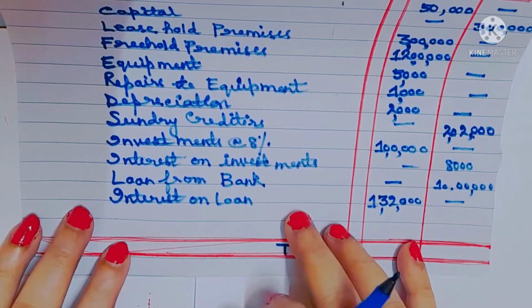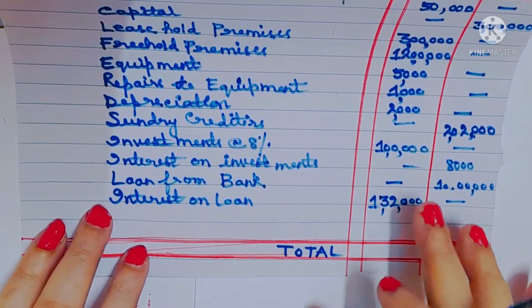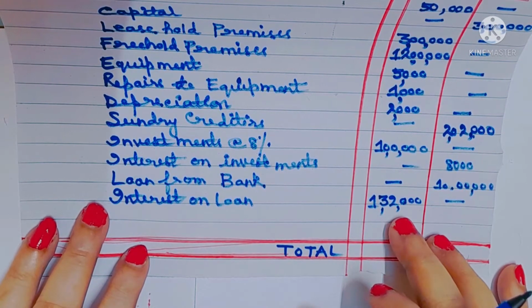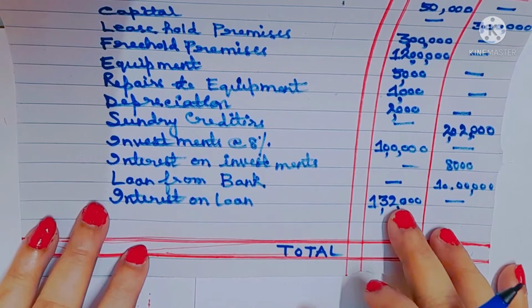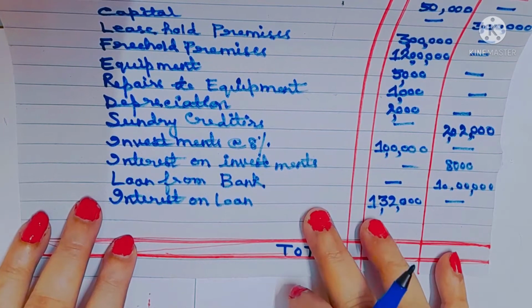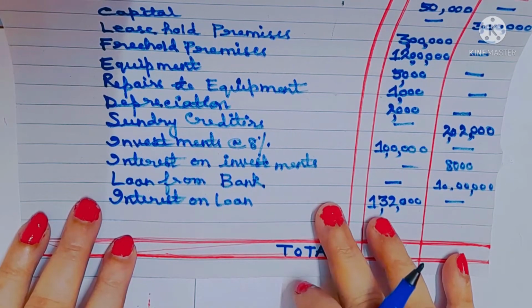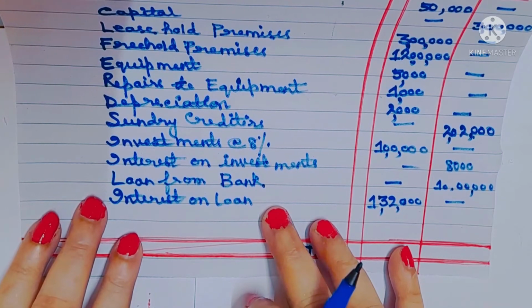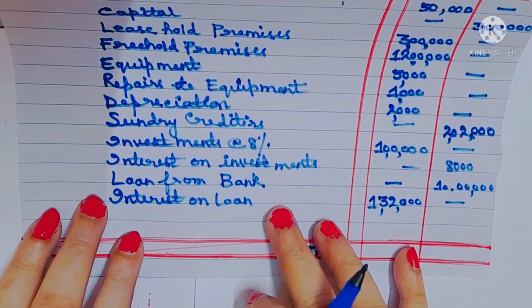Interest on loan is a debit balance. That is the reason we have written the amount in the debit column. But why is interest on loan a debit balance? Because interest on loan falls under nominal account. According to nominal account, all losses and expenses are debit. Interest on loan is an expense. That is the reason interest on loan will be debited.